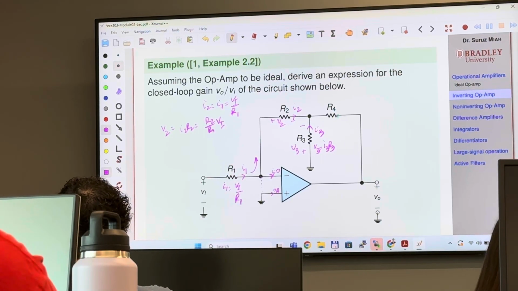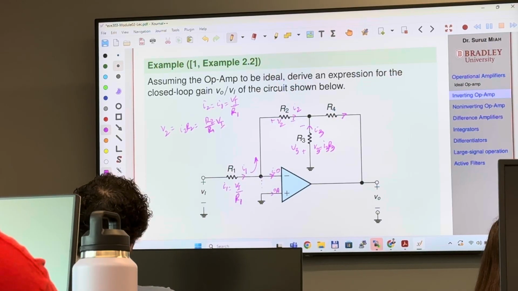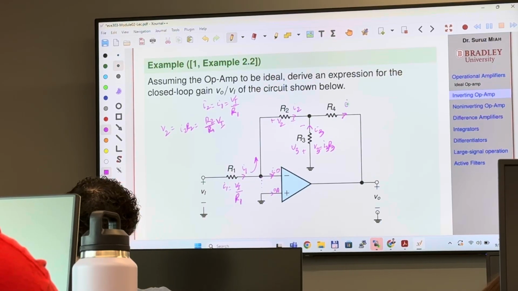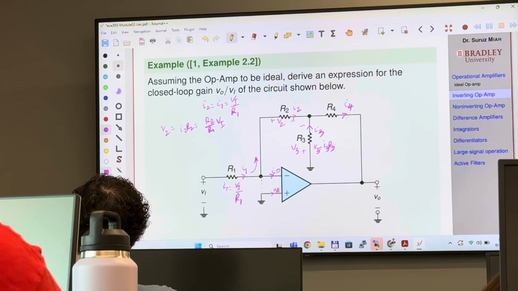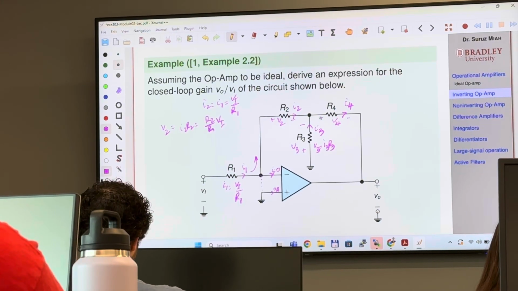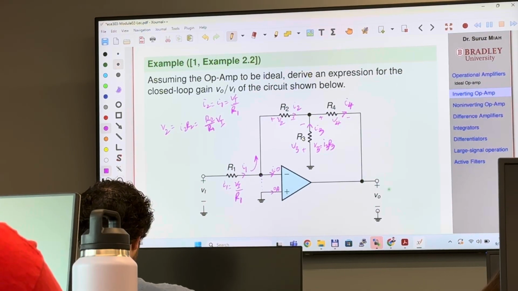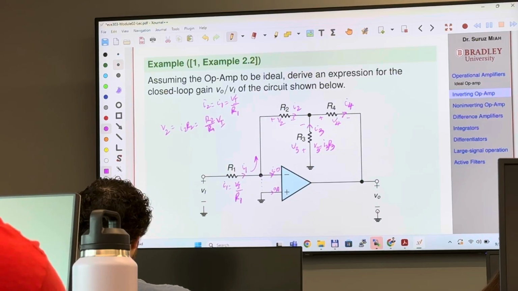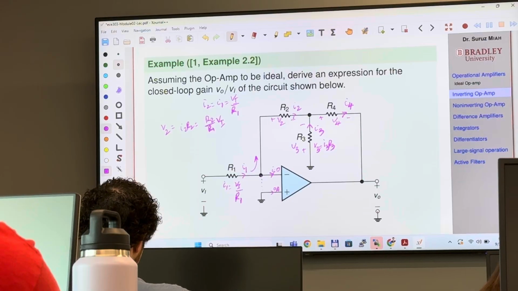Let's say I am also giving the current direction for R4 as I4, which means the voltage difference is V4 this way, positive here, negative here. And I have another voltage source here, which I can treat as a voltage source because the output impedance of an ideal op-amp is 0.